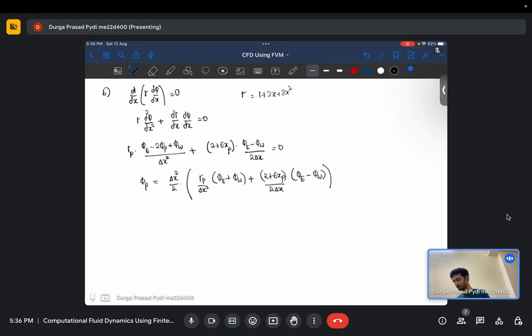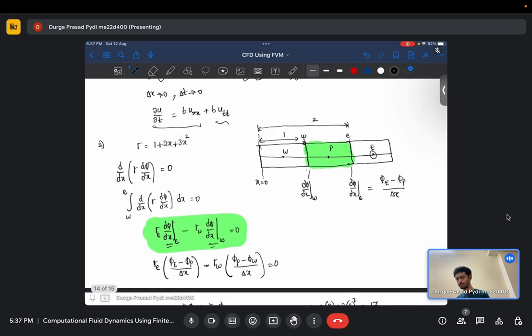In this equation, your delta x is essentially 1. Gamma P equals 1 plus, you just substitute the value of xP, where xP is essentially the x value at point P, that is 1 plus, this is half, so 1.5.